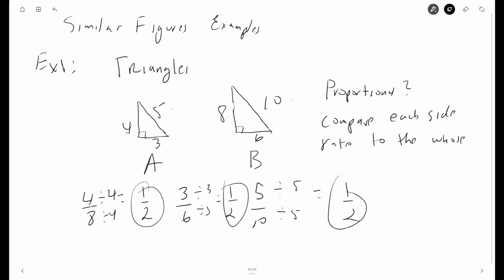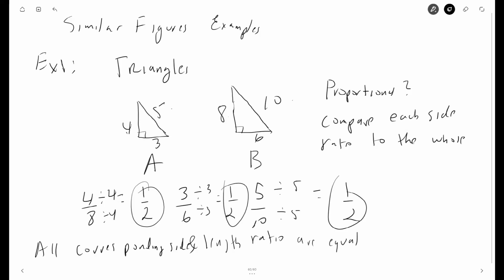So all corresponding side length ratios are equal.